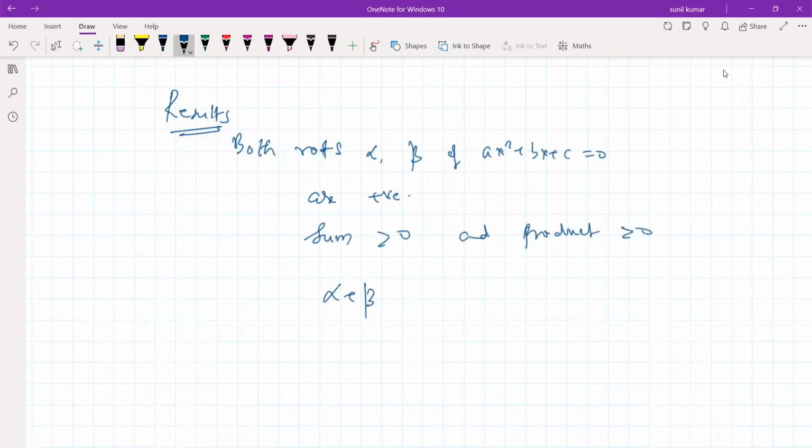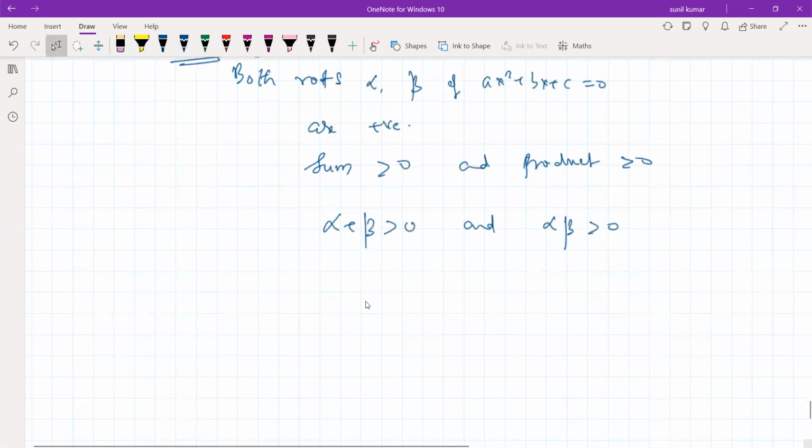That is, sum of the roots positive and the product of the roots is positive.